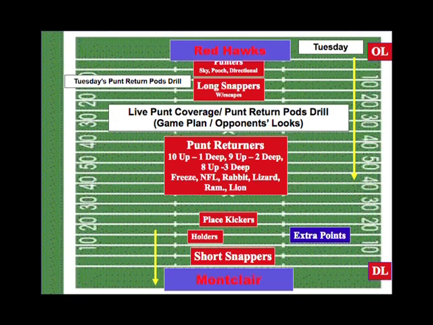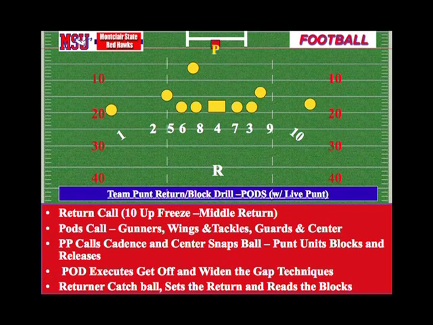Okay, let's move on. If you look at this slide, this kind of clarifies a little bit of what the pods drill looks like. You notice there's a complete punt team ready to go. There is the complete return team, and what I have demonstrated here is a 10-up situation. That means we only have 1 guy back, and let's assume we're running a middle return.